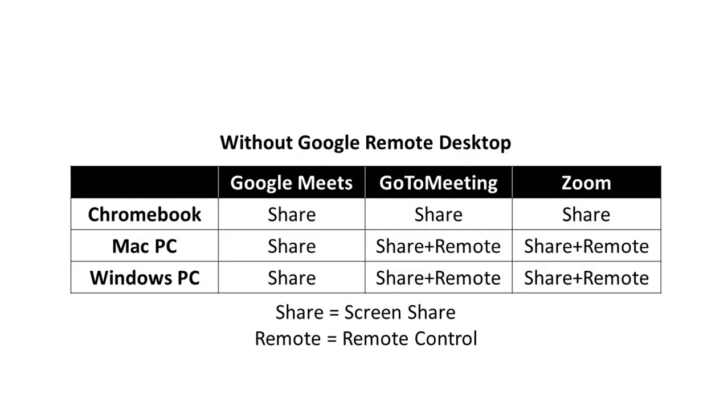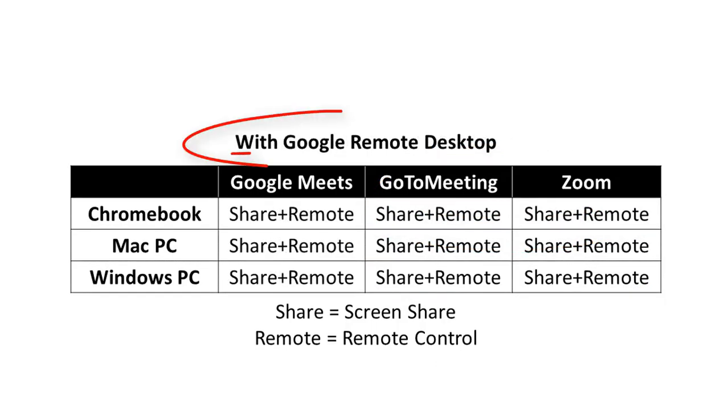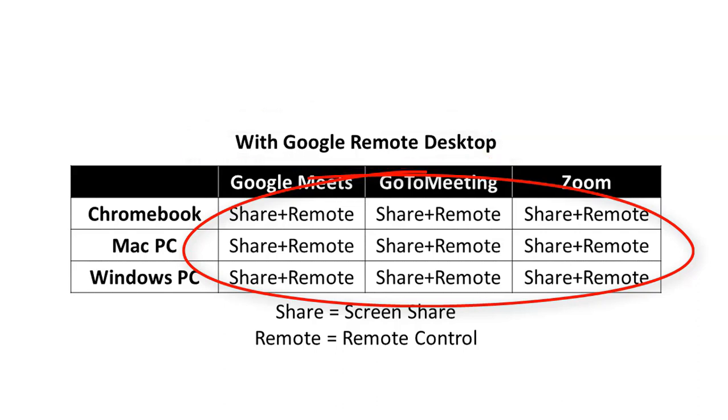Most video conferencing platforms have a screen share feature, and some, like Zoom and GoToMeeting, have a remote control feature. Unfortunately, Zoom and GoToMeeting don't support remote control when you use a Chromebook. Fortunately, when Google Remote Desktop is used in conjunction with these platforms, the team gets both features in all the combinations shown.